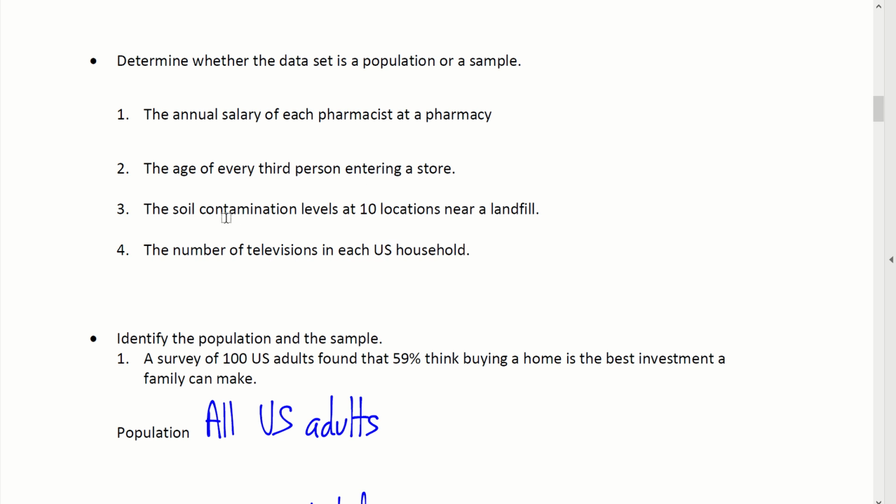The soil contamination levels at 10 locations near a landfill. There's obviously going to be many spots, infinitely many, in any geographic region. 10 locations is just some of them, which means that this would be sample data. And then the number of televisions in each U.S. household, if it's in each or all, that would mean that that would be population data.